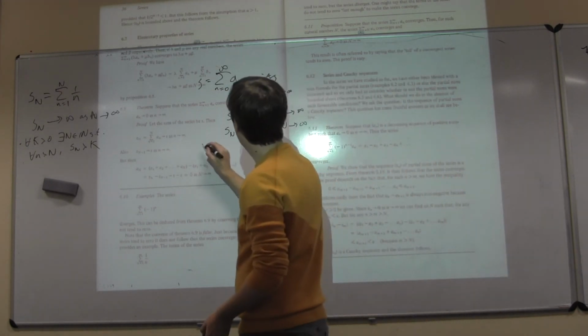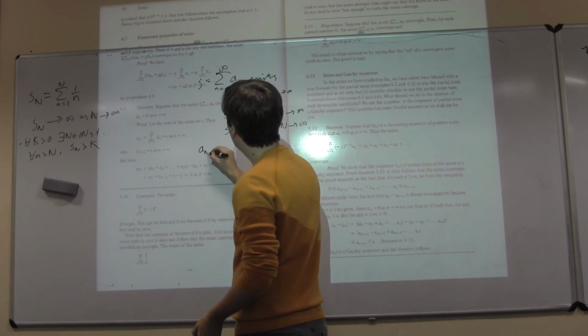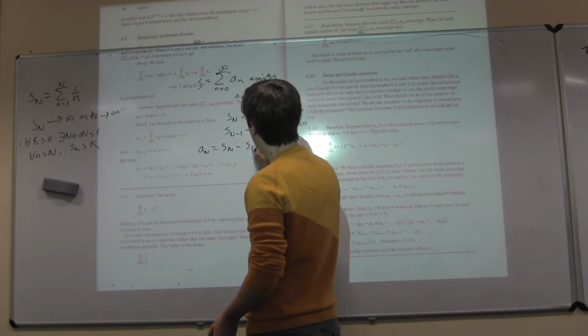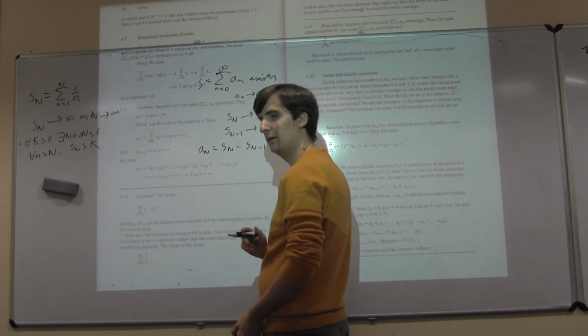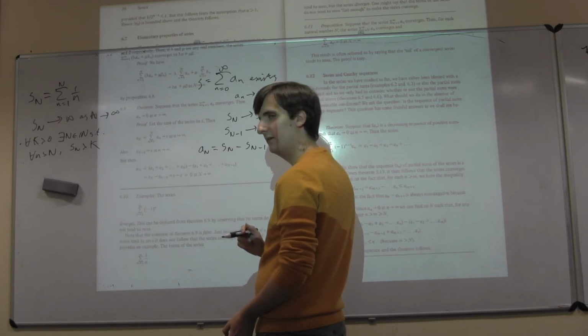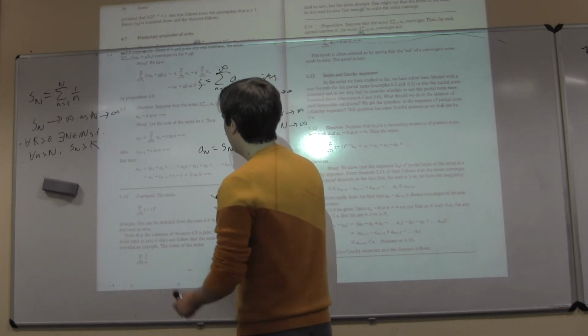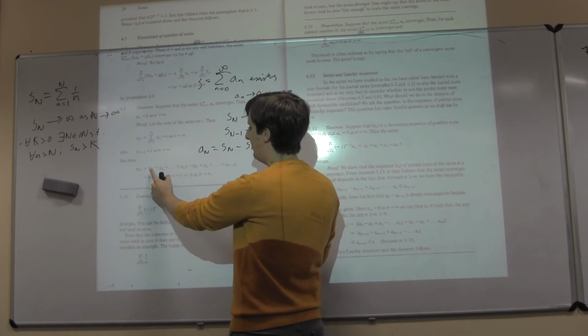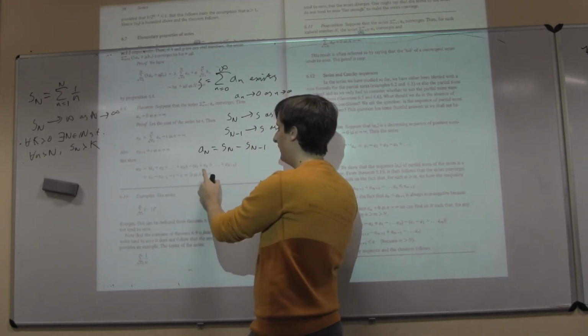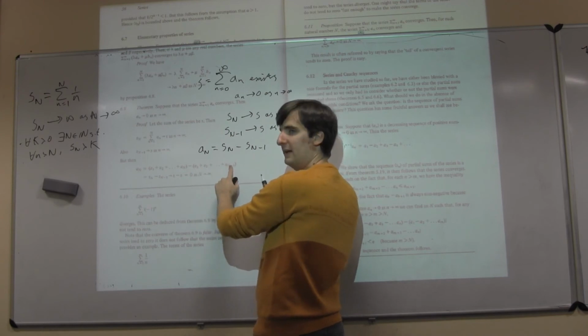But then, what we're interested in is a_n. Well, a_n is S_n minus S_{n-1}. You see that? Because S_N is the sum a_1 plus a_2 all the way up to a_N, and S_{N-1} is a_1 plus a_2 all the way up to a_{N-1}.